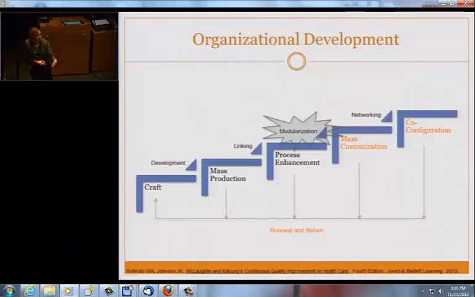Once we became very good at the craft, we could develop processes to deliver that product and start doing mass production. And once you achieve mass production, you can start linking these processes together and working on particular processes, to the point where you can develop mass customization. How did Dell do this? How do they mass customize? They were the first company to do this.